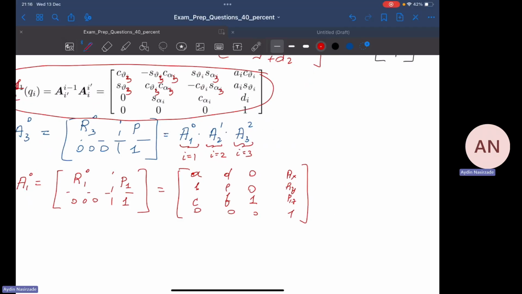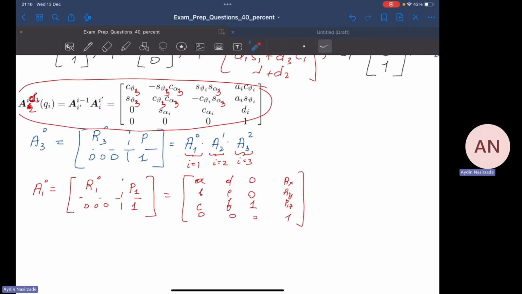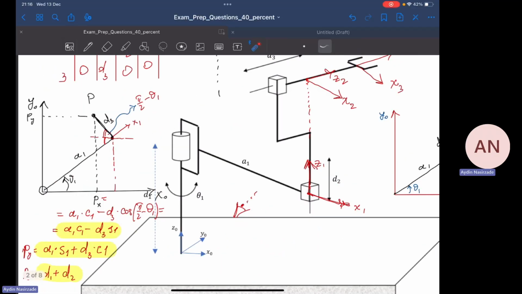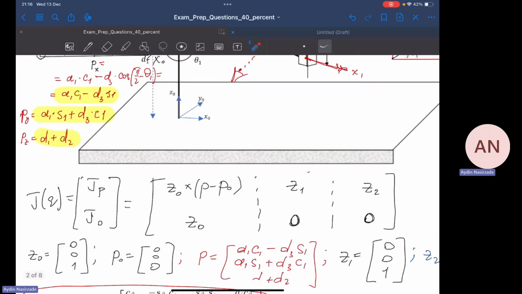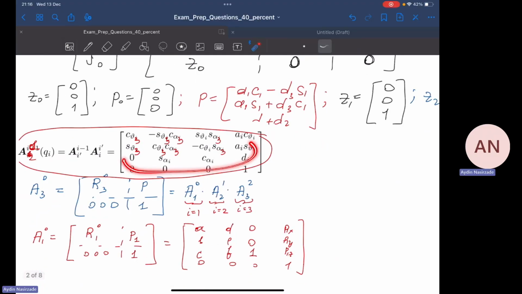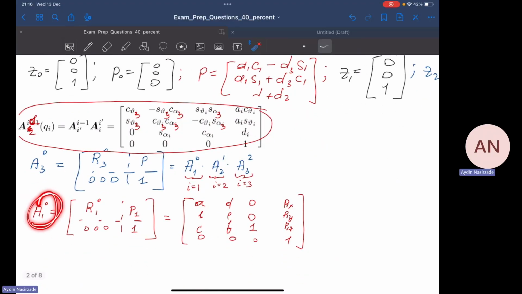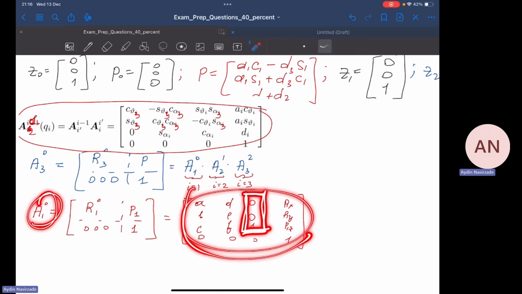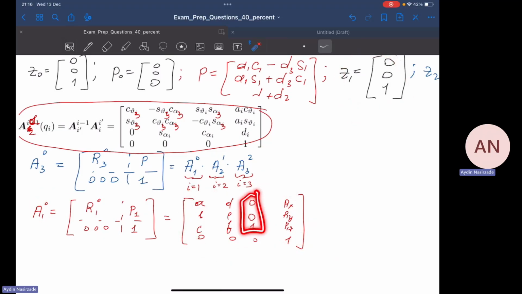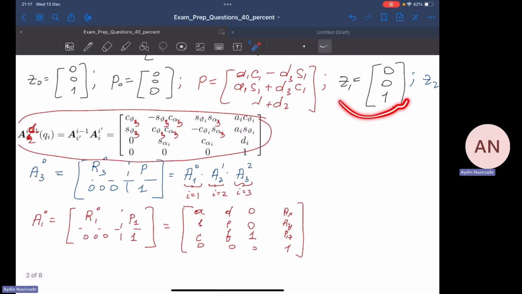When you find this matrix using the first row of the DH parameter table in this formula, you get something like that. And this column is Z1. I promise you this column will be the same as the geometric inspection Z1. They match.